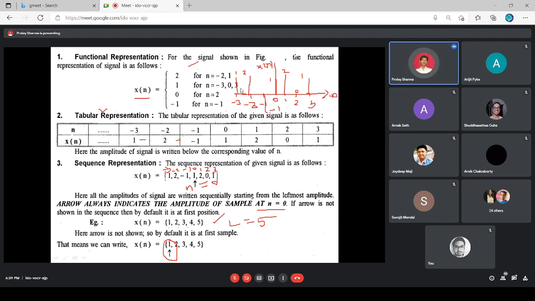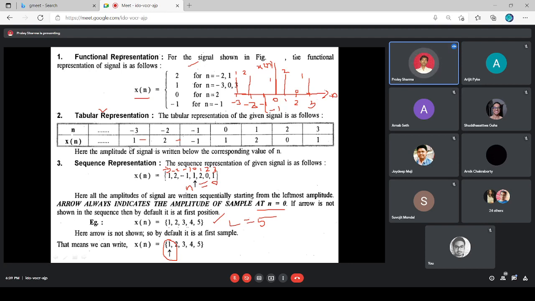And the second one is the tabular representation, which is very easy. First, this row is the different time instances n, and this is the signal sample values x[n].